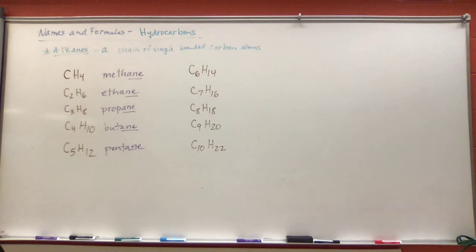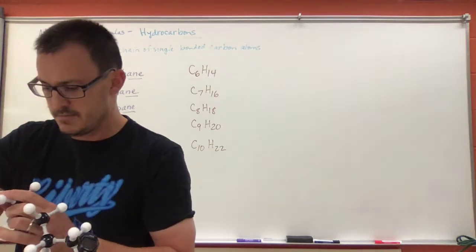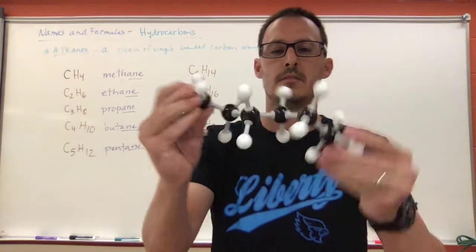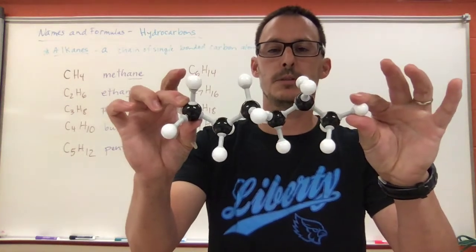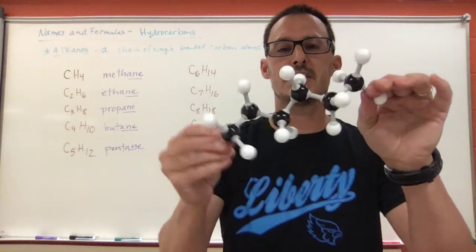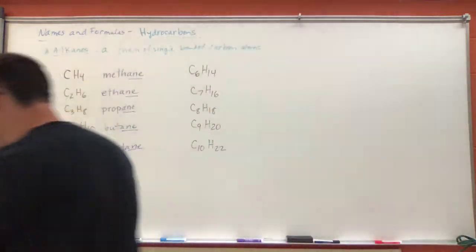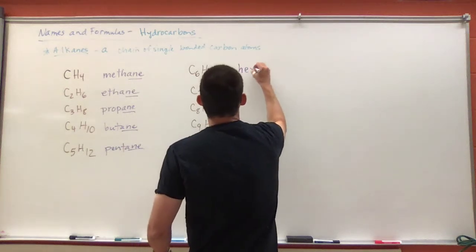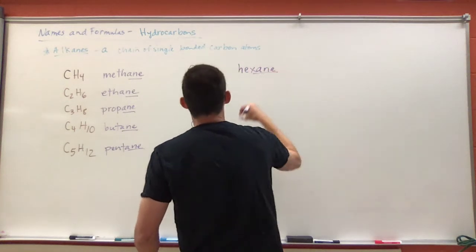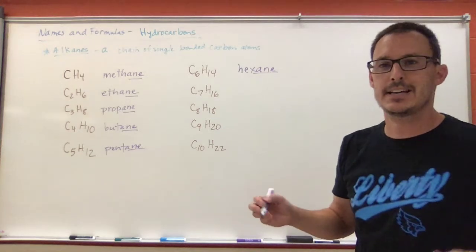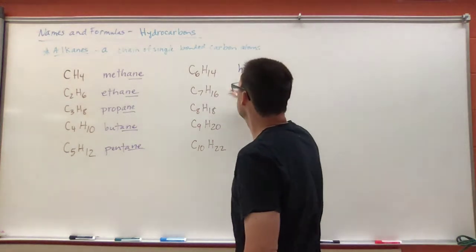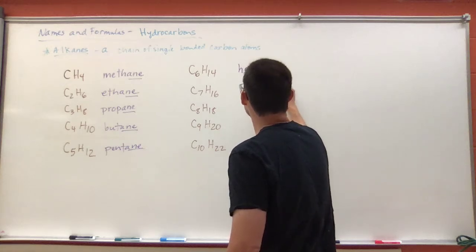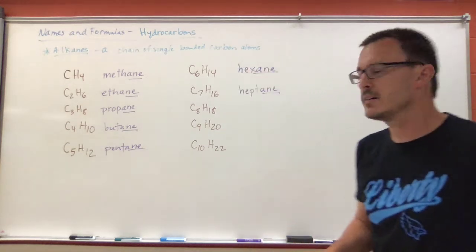If I add another one, I have six carbons across the middle and a bunch of hydrogens around it. This is called hexane because it has 6 carbons. I'll show you decane in a minute, the last one, but this is called heptane when we link 7 carbons together and put all the hydrogens on there.